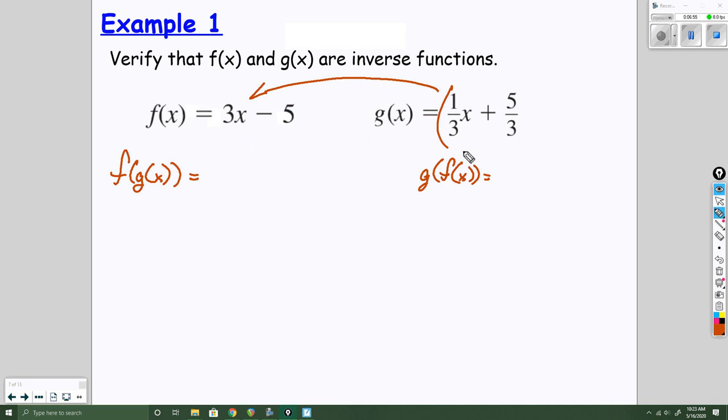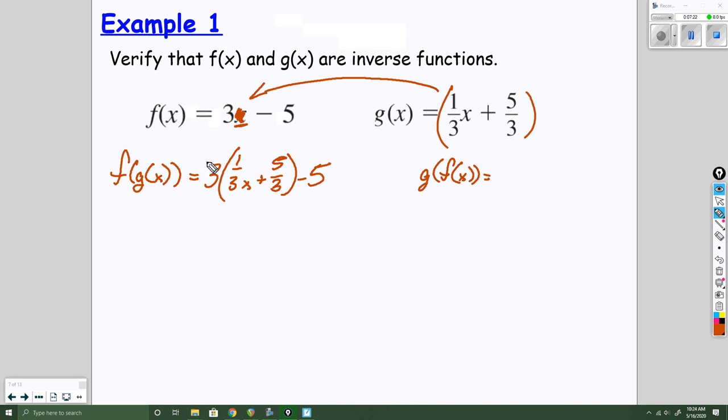So we're taking this whole thing and plugging it in to x. That means we're going to rewrite this equation: 3 times the quantity, this whole thing. Remember, we're getting rid of x here and replacing it with this. The quantity 1/3 x plus 5/3, minus 5.